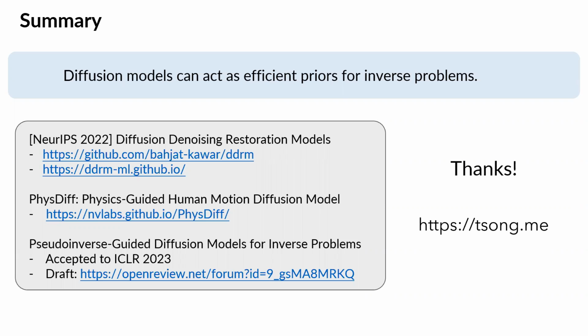I have a question about the masking problem. In the masking problem, the H matrix is a diagonal matrix where some elements on the diagonal are 0 or 1. So this is a matrix with determinant 0. How can you compute the pseudo inverse? Oh, I see.